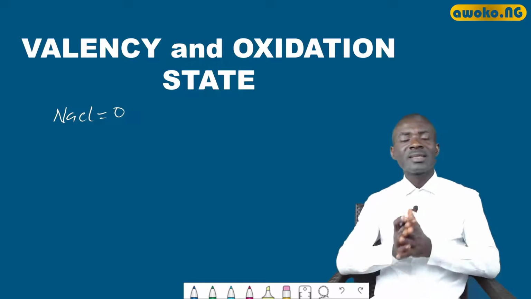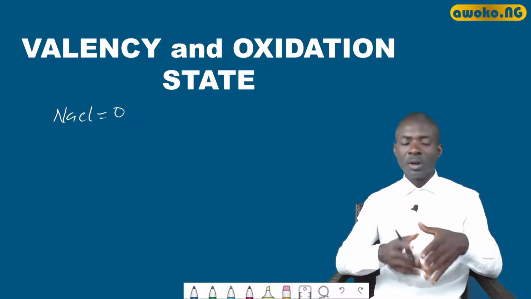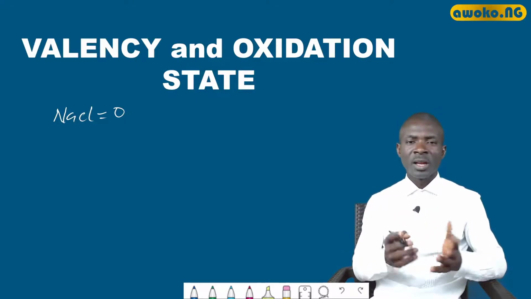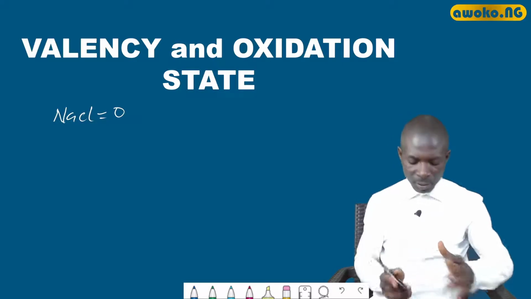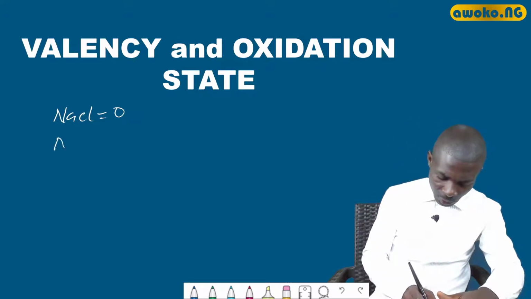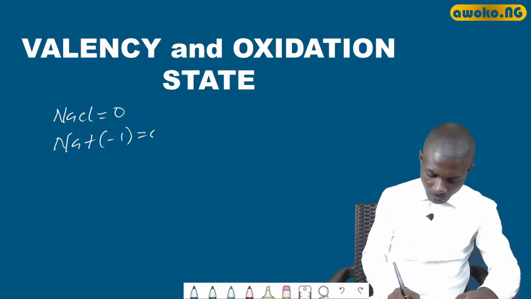So based on this, I can easily determine the oxidation state of sodium in sodium chloride. How do I go about that? I'll simply make sodium the subject of the formula. So I have Na, which is sodium, plus (-1), which is the oxidation state of chlorine, equal to 0.